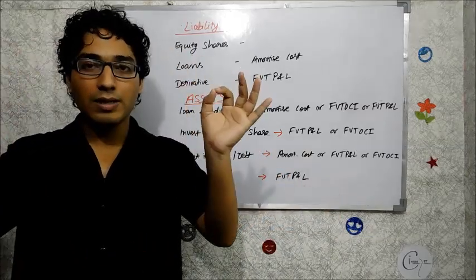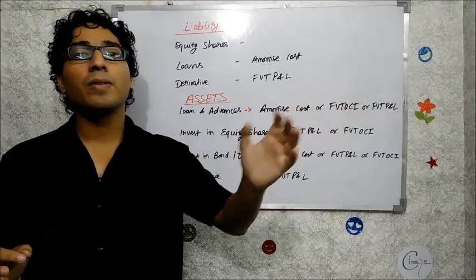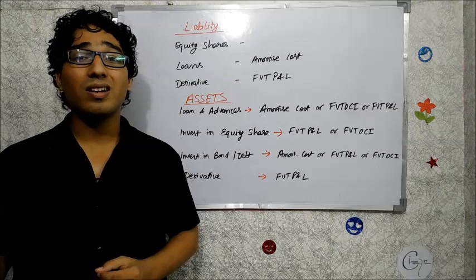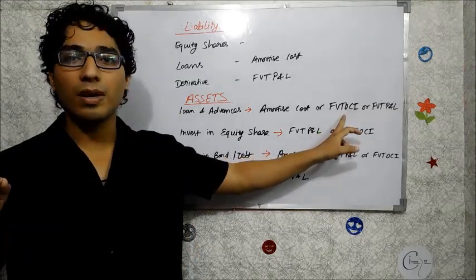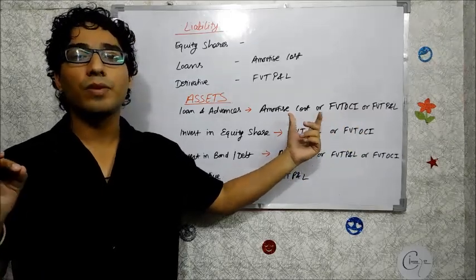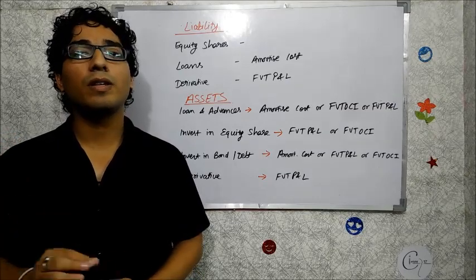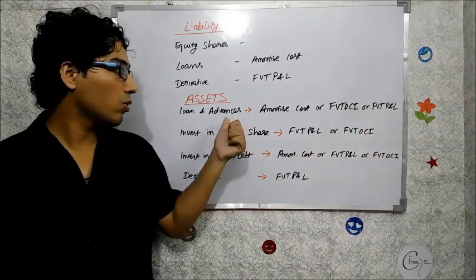So if your intention is to sell the loans and advances to some other party and also to receive the contractual cash flow, and the contractual cash flow is solely payment of principal and interest, then fair value through other comprehensive income. But if those cases are not applicable because the contractual cash flow is not solely payment of principal or interest, then fair value through profit or loss.